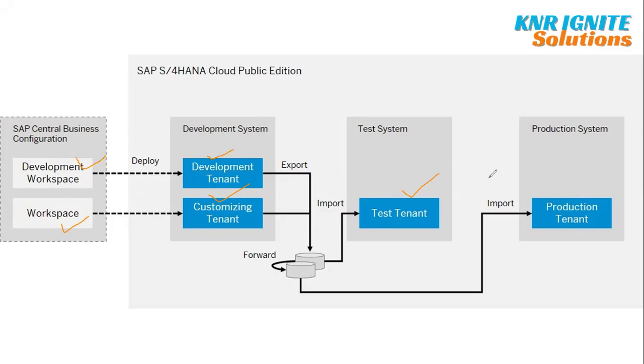Once completed successfully, it will again move to your central place. From here again, you will import to your production system. Tenant is our client or a system. This is how your cloud system architecture looks. So that's a quick overview for you to understand your system landscape.